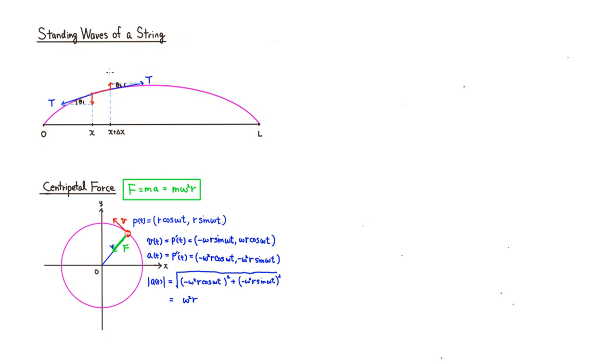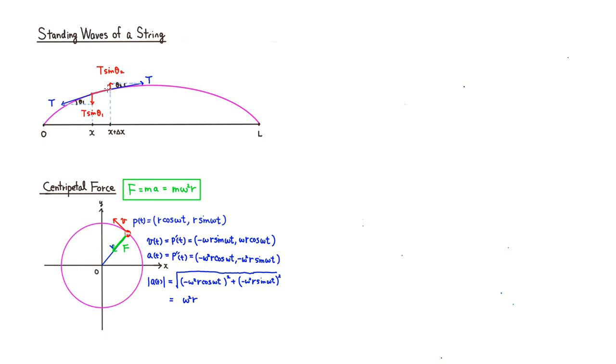The vertical component at the right end point, you can simply multiply by sine of theta, so we have tension times sine of theta 2. This is the vertical component upward. If you look at the left end point, it's pulling downward, so this is going to be tension times sine of theta 1.